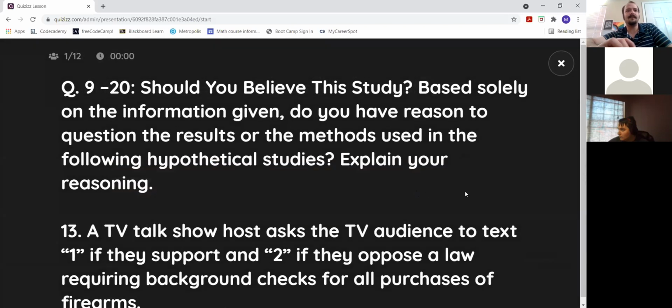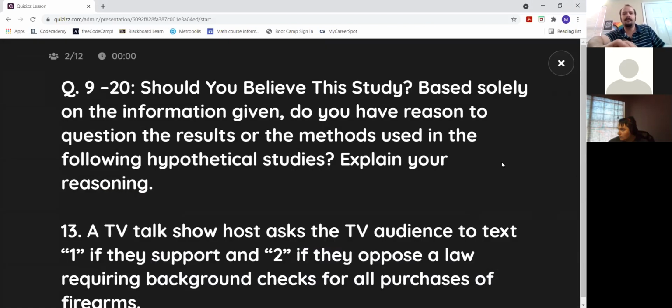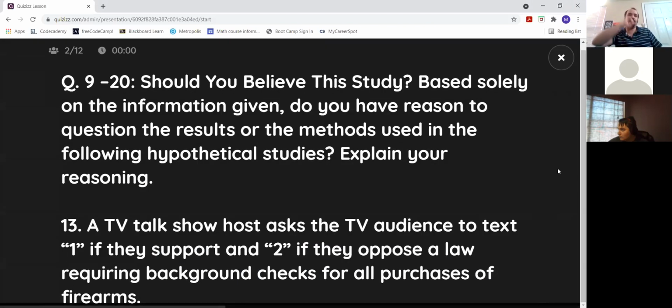Bias in the sample. All right, which one was that? So how is this biased in the sample? There are two things in particular that I feel really bias this sample. It's what I really feel like they're hinting at here.